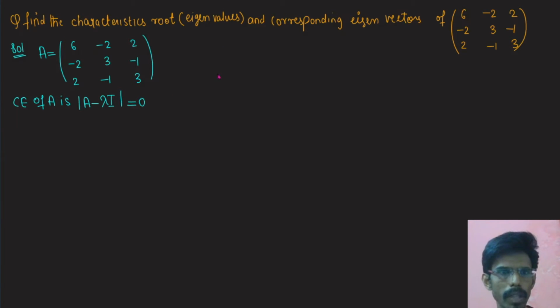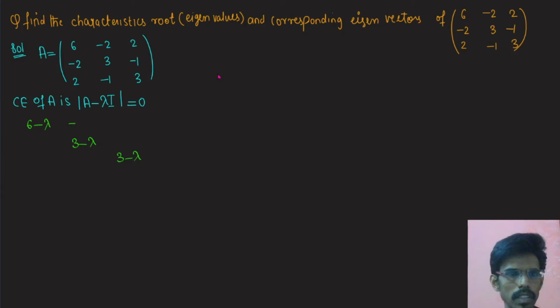So this will now become 6 minus lambda, 3 minus lambda, 3 minus lambda, and the other elements will be the same: in the first row minus 2, 2; then minus 2, minus 1; and 2, minus 1.